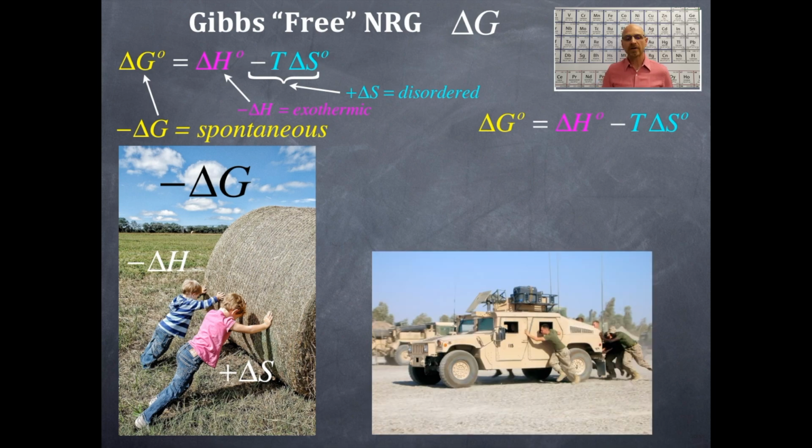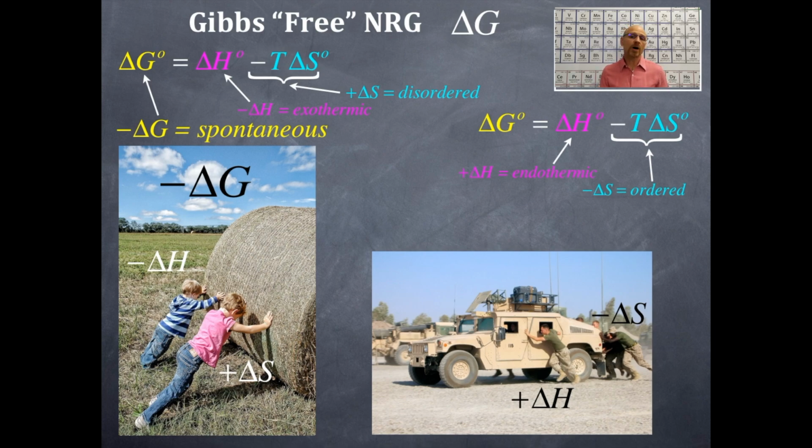Okay, now we have a number of individuals pushing this Humvee. If one of these individuals has a positive enthalpy term, we know that is endothermic. Another set of these gentlemen are pushing, and it is a negative delta S. When delta S is negative, we know that the system is more ordered than it was before.